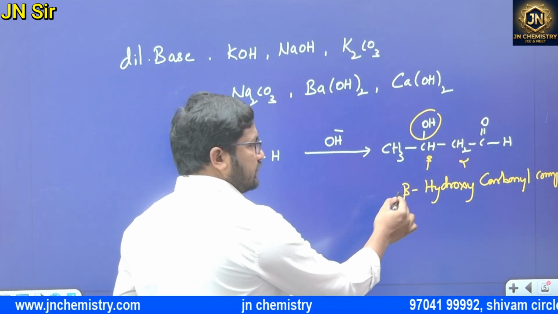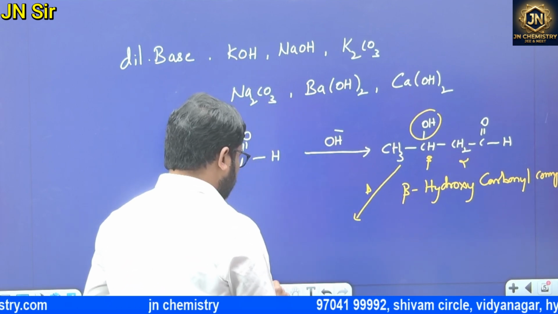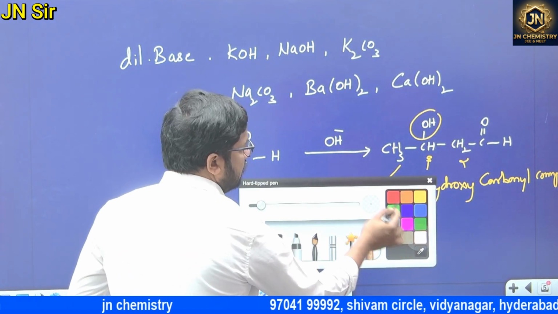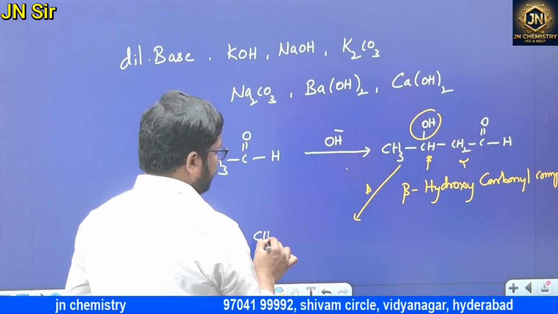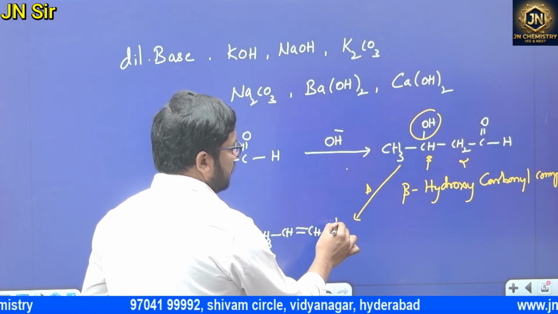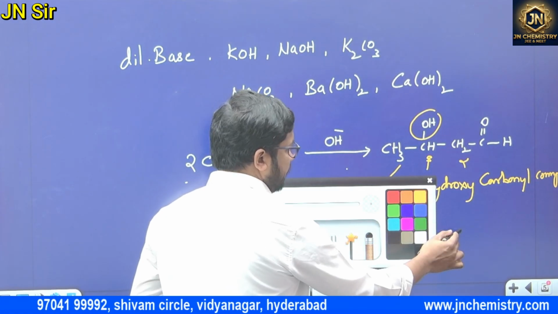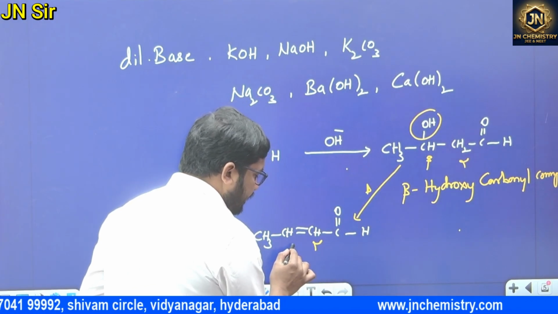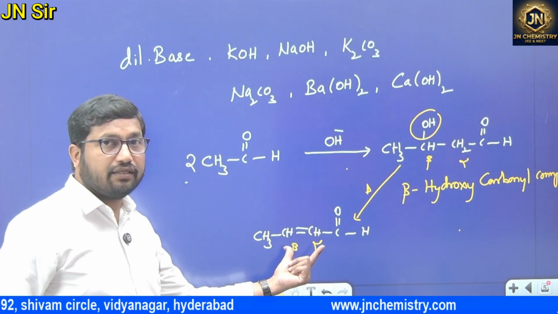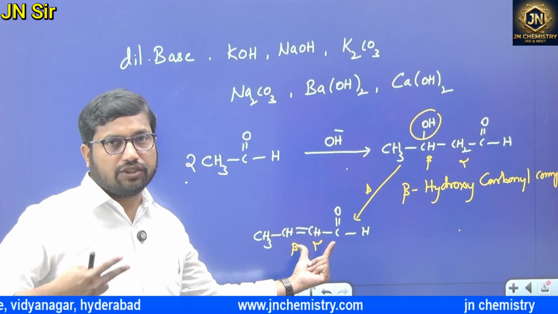Then afterwards, if you heat this compound, water goes out, and we will get CH3-CH=CH-CHO. So this we could say is alpha beta unsaturated. Saturated, unsaturated, right? A double bond and a triple bond are called unsaturation.